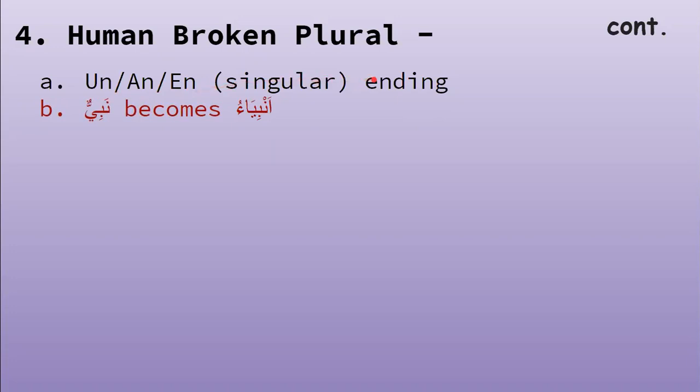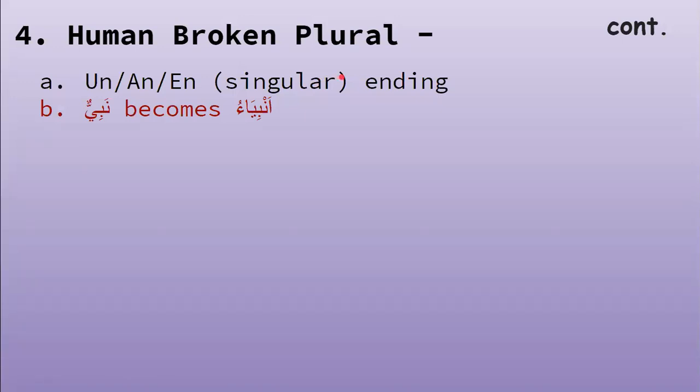So a short tip for you: if you see any word in our practice that looks singular, but I tell you the meaning is plural, then you have to say it's a broken plural. Because broken plural means what? It's not going to follow the normal pattern of making a word plural, like in English.